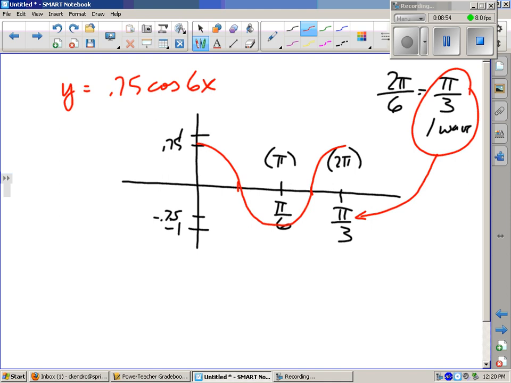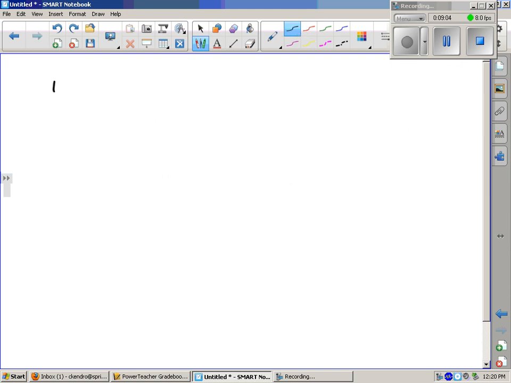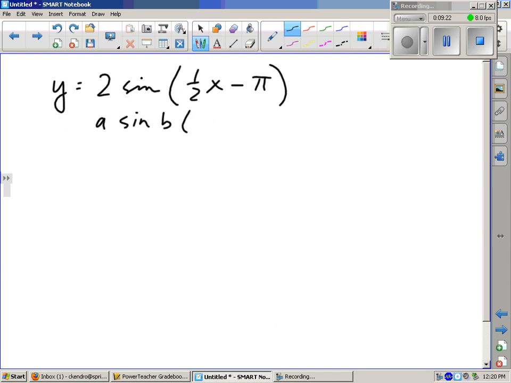All right, so now let's do one that has a couple more changes in it. So let's try y equals, let's say 2 sine, and then I have 1/2 x minus pi. Now this is a little bit different than our generic, this is our generic one.